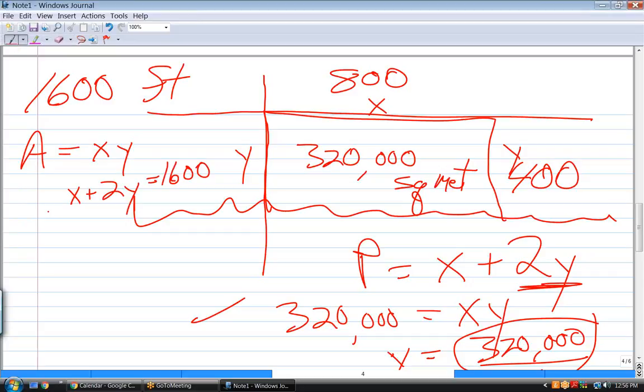We use the second equation to solve for x or y, and then substitute it into the area equation, and then we take the first derivative of the area equation and set that equal to 0 and see what that maximum area is going to be. And it would come out to be 320,000.